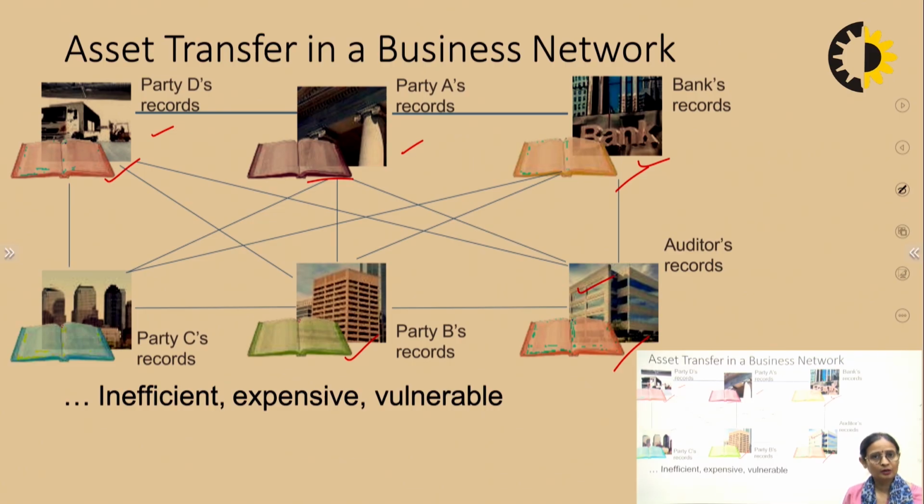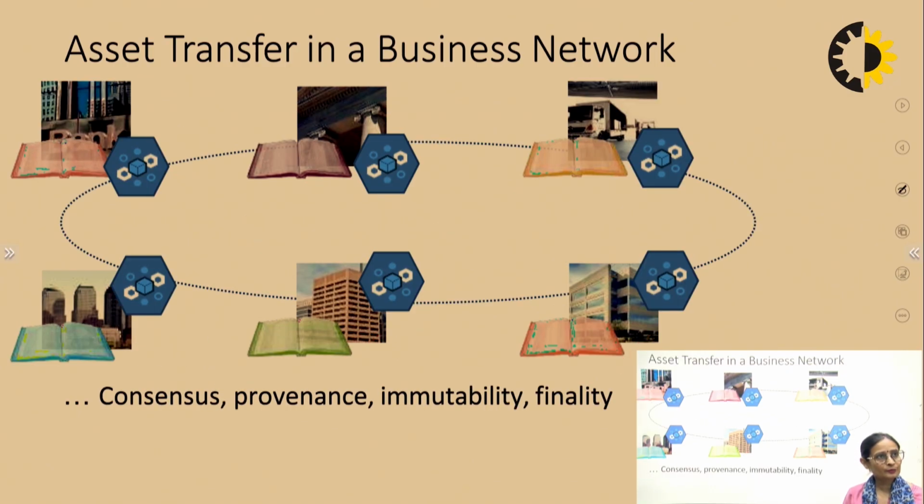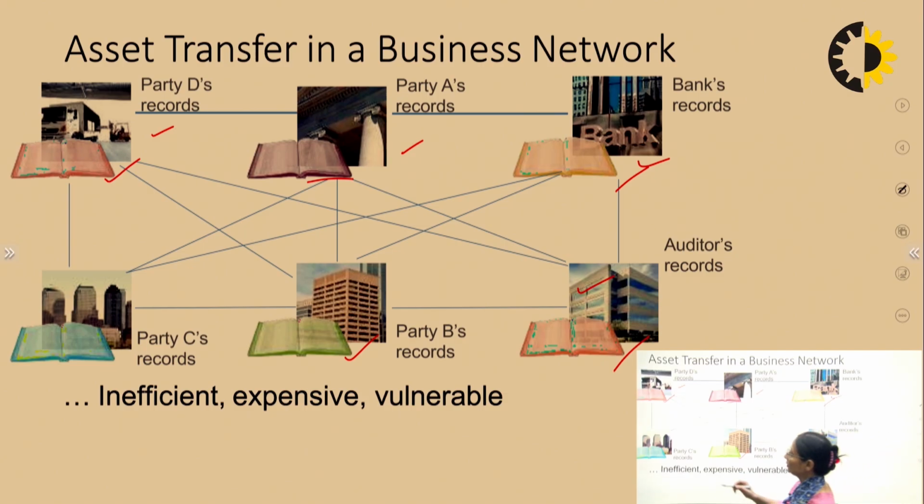Now see what will happen if we include the blockchain in the system. Here we are keeping a single copy of the blockchain on all the locations, and this copy of the blockchain is the same on all the locations. Here this record is exclusively meant for this party, and here this record is exclusively meant for this one.